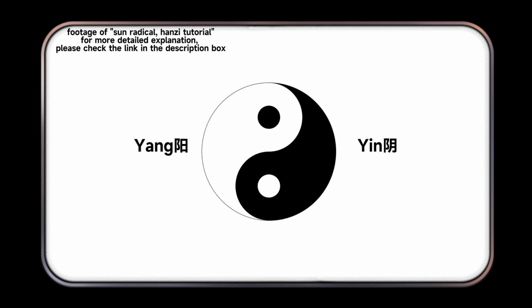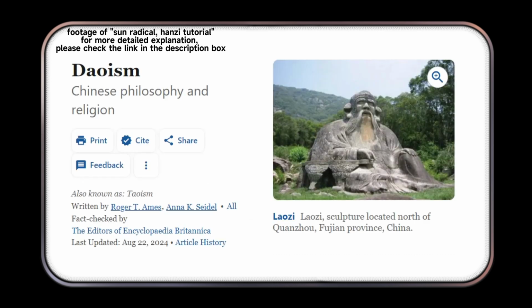But you would notice that in the yang part, there's the yin part in it. And in the yin part, there's yang part in it. In the Taoism, we believe that the nature is a balance. The balance is about the species depends on each other, can grow together and make the world.